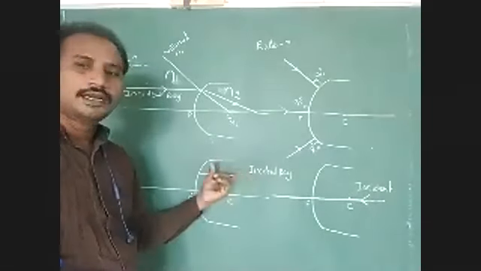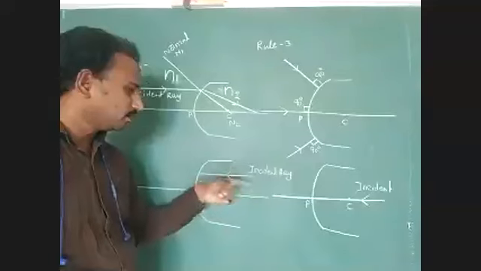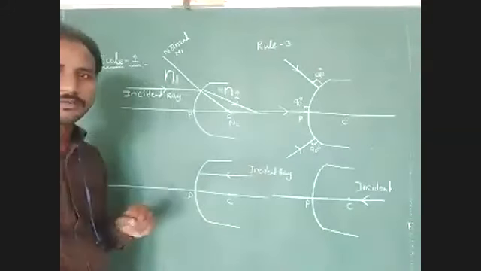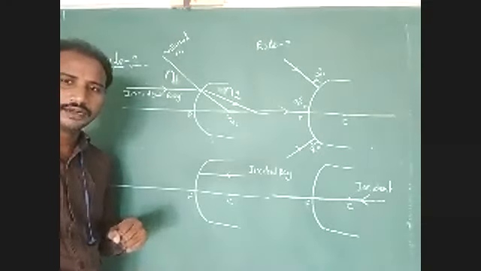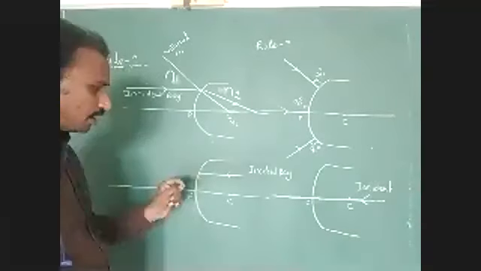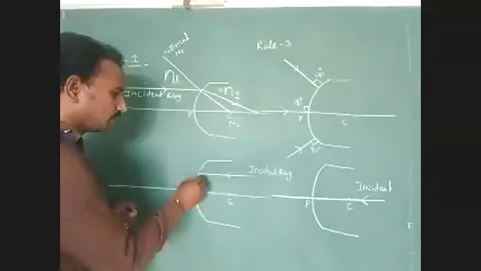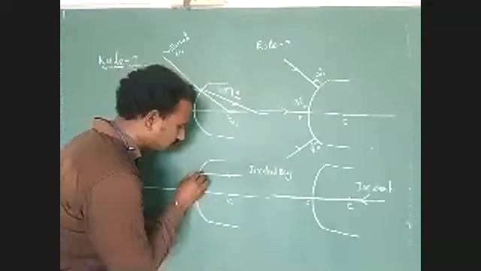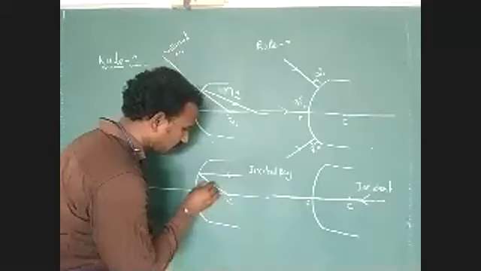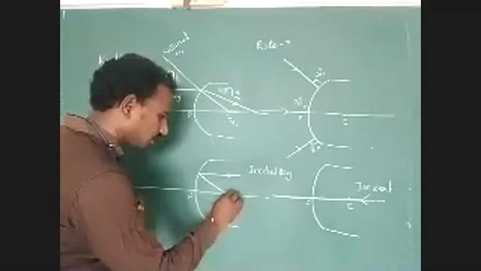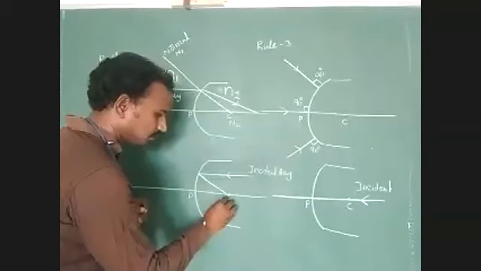Here we consider the direction of the light ray from the denser optical medium to the rarer optical medium. Then we have to represent one normal. The normal is always perpendicular at the point of incidence. Identify this normal, which is passing through the center of curvature N1.